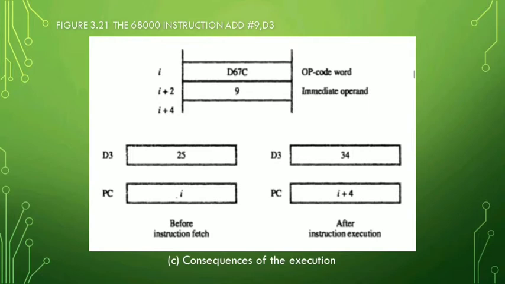Before fetching the instruction, the program counter points to the OP code word at address I. As each word is fetched from the memory, the contents of the PC are incremented by 2. Thus, when execution of the instruction is completed, the PC points to the OP code word of the next instruction at address I plus 4.